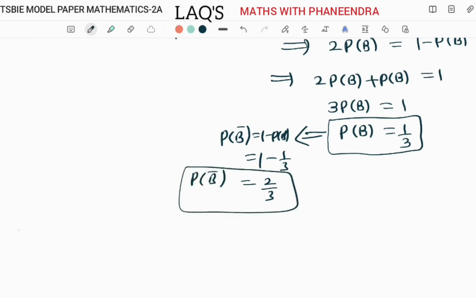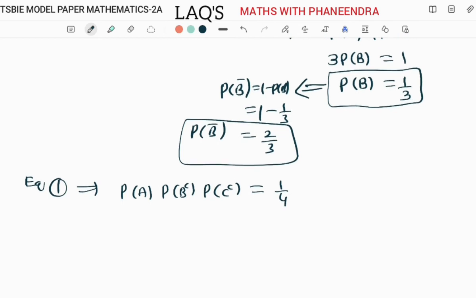So equation 1 implies that, in equation 1 what values are there? P of A into P of B complement into P of C complement is equal to 1 by 4. So P of A value we got as 1 by 2. P of B complement we got. Complement means here dot, both are same only. So P of B complement is 2 by 3.